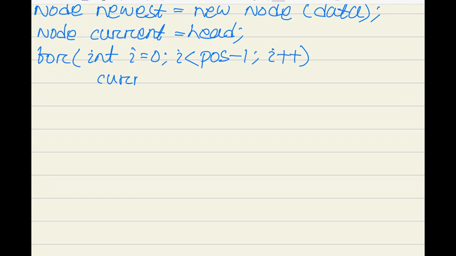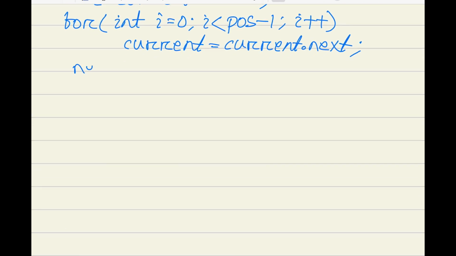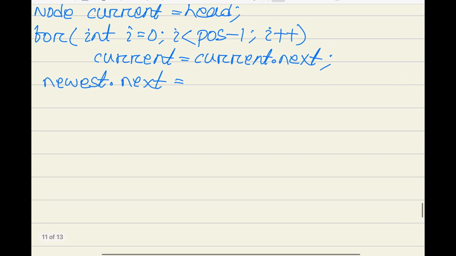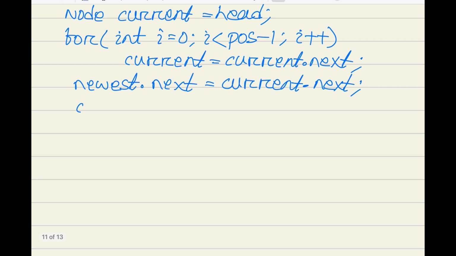Then inside this loop we write current equal to current dot next. Then after the loop we can write newest dot next equal to current dot next. So these are the steps that we have already discussed.